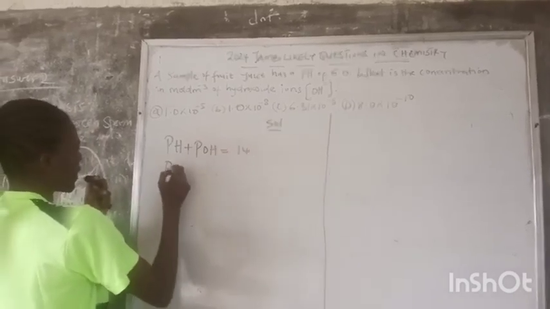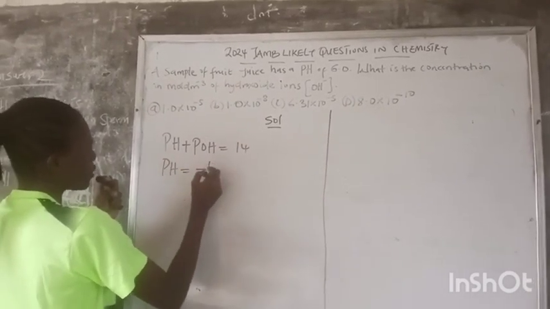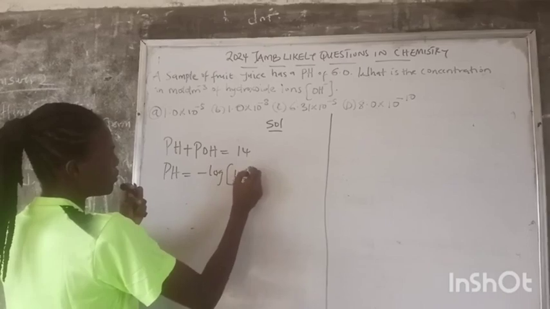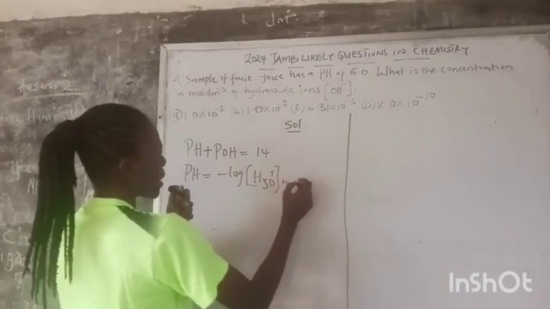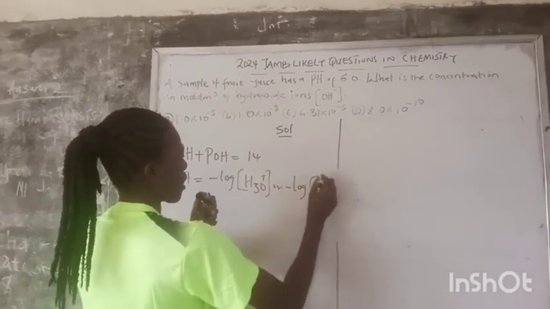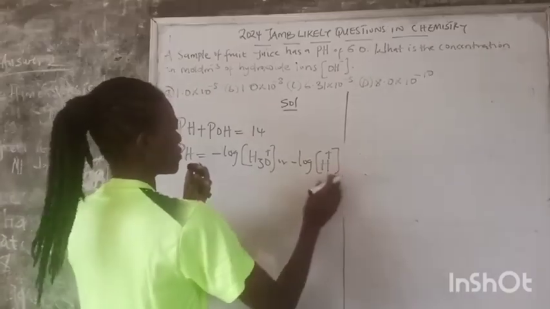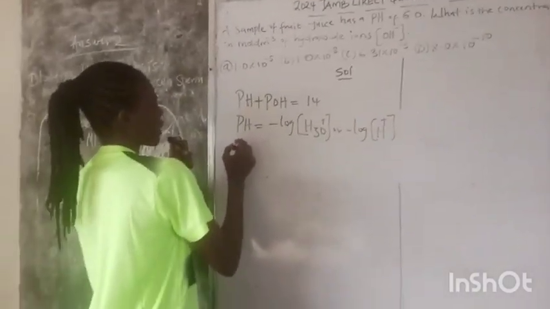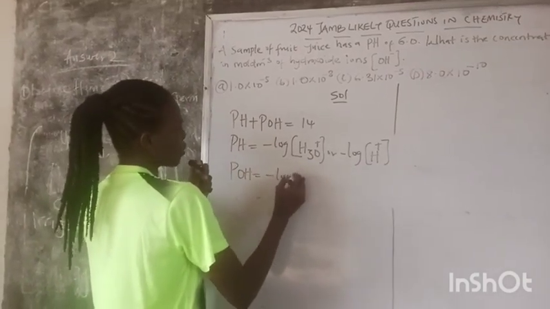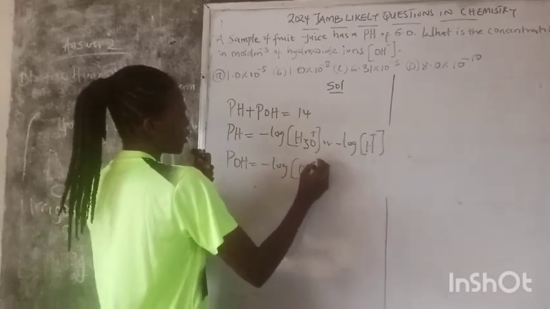We have pH is equal to minus log of the concentration of hydronium, or we can say minus log of the hydrogen ion concentration. Or we can also say pOH is equal to minus log OH minus.